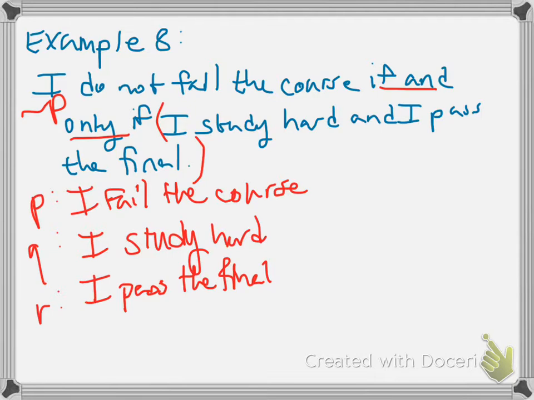All right? So, we know we're going to end up with not P. We know we're going to have if and only if, so the double arrows. We're going to have parentheses around the next statement. I study hard is going to be Q, and I pass the final is going to be R. So not P, if and only if, Q and R. Okay?